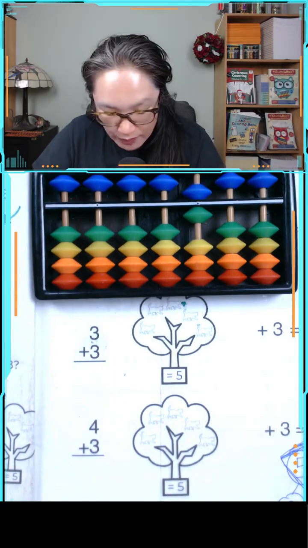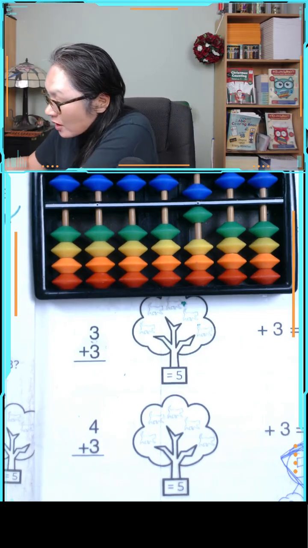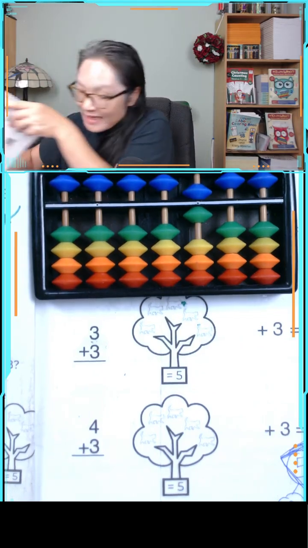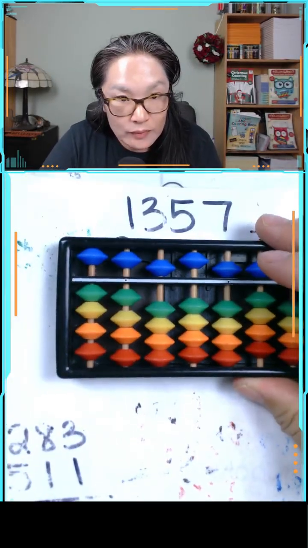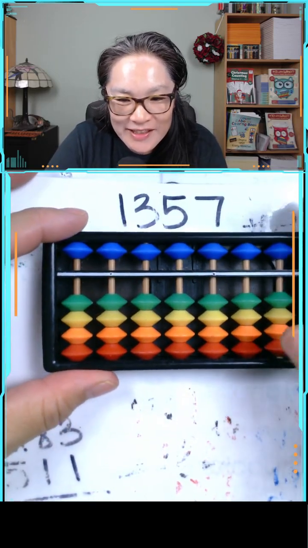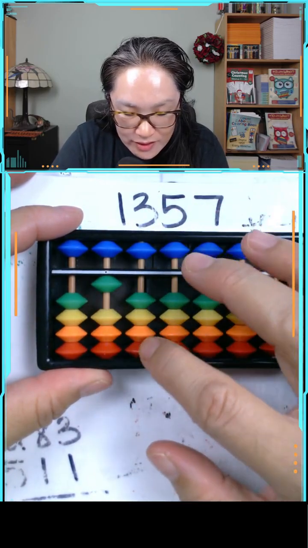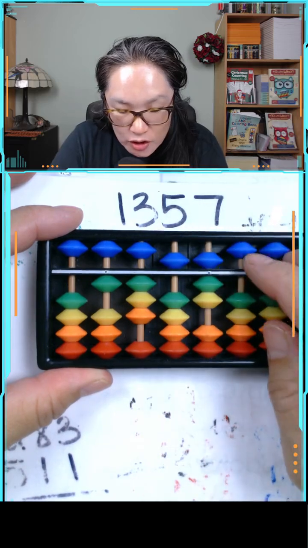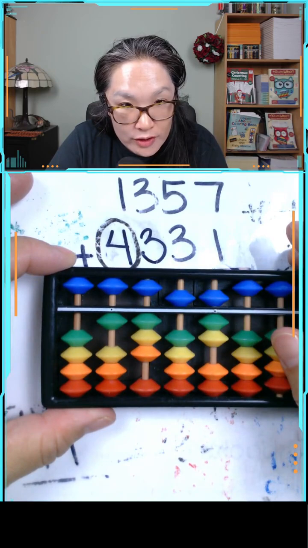So then you might be wondering, well, this is really simple. Yep, it is really simple. But you know what? It gets better if the number gets bigger. So we have 1,357 on the abacus, right? We want to add 4,331.